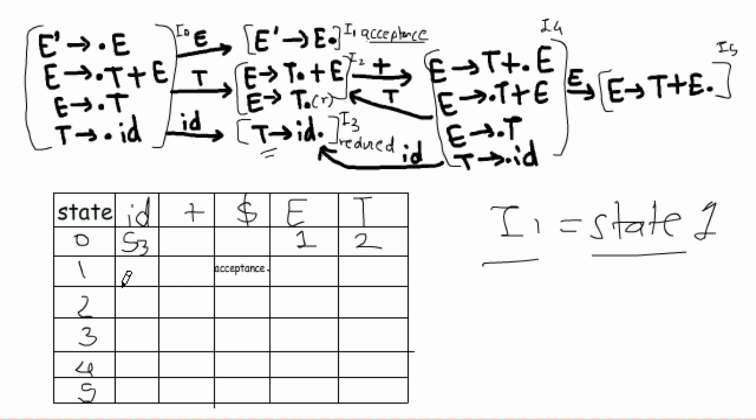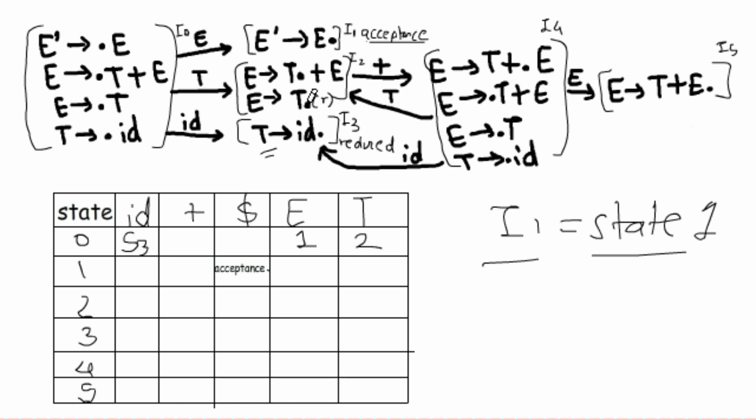Go to state number 2, which is item number 2, this one. Now in state number 2, what happens? If you look at this, which is T dot, there is a small r, which means it is reduced, because after T dot, we cannot shift the dot further ahead. It means it is a reduced term.